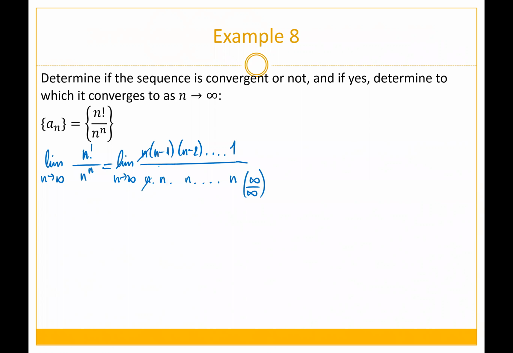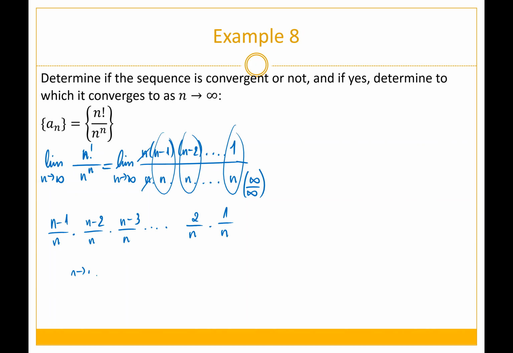First of all, you can cancel out one n here. Then you look at each individual fraction. The terms are going to look like this: n minus 1 over n, multiply n minus 2 over n, multiply n minus 3 over n, until you have 2 over n and 1 over n. As n approaches infinity, this one approaches 1, this one approaches 1, this one approaches 1.